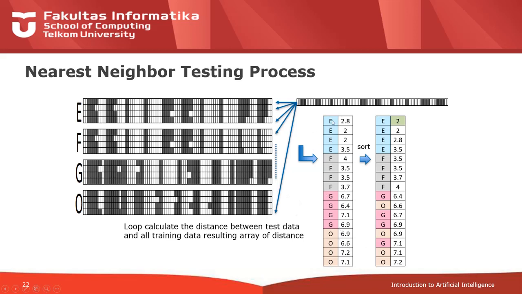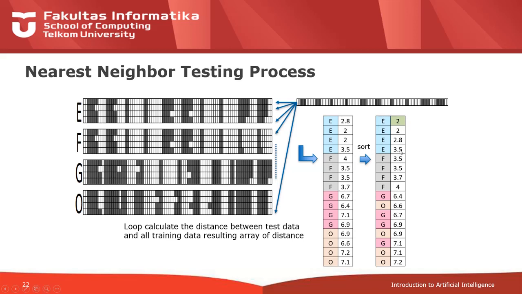After we have all of the distances, we sort the results from the smallest to the highest. This is the smallest one. And it's quite obvious that this test data is E when you look at it visually.